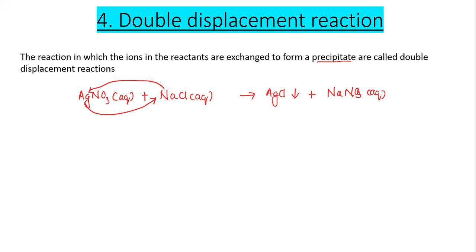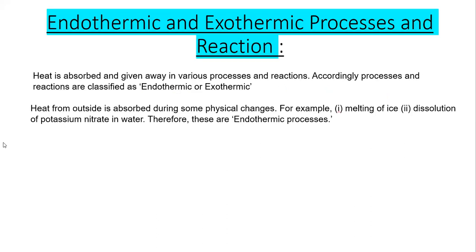Now, there are two other types of reactions, exothermic and endothermic reaction. We know that heat energy is absorbed in the case of calcium carbonate. When calcium carbonate is heated, we got calcium oxide and carbon dioxide.